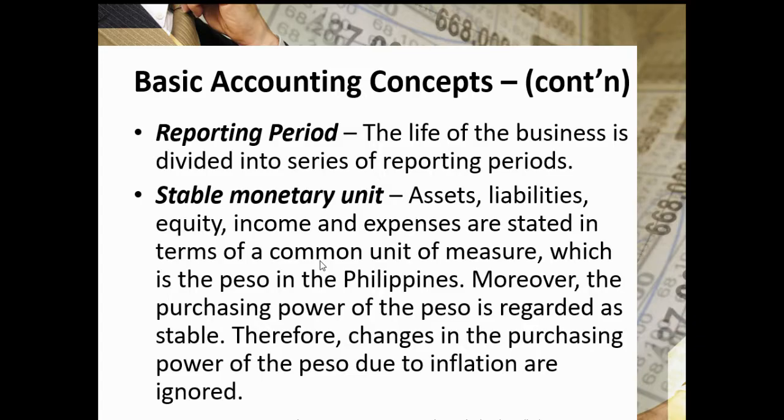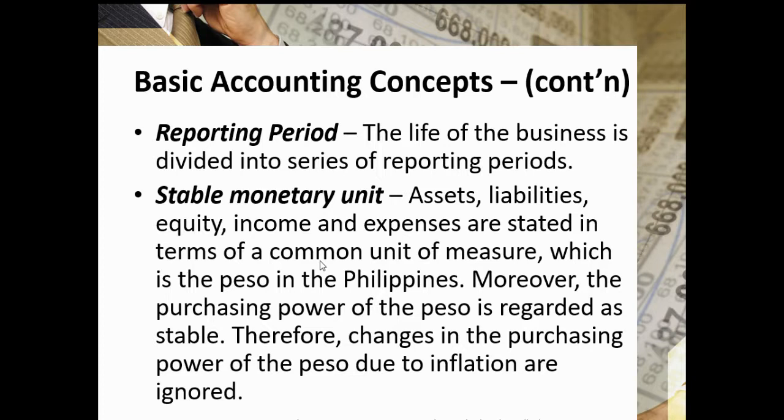So, yun yung different time period or reporting period. Pag sinabing, kailangan kong makita yung profit ko for the year, so yun na yung reporting period niya. Hindi mo na kailangang antayin na magsara yung business para malaman mo kung magkano ang naging profit mo since nag-start yung operations mo. So yun yung time period.